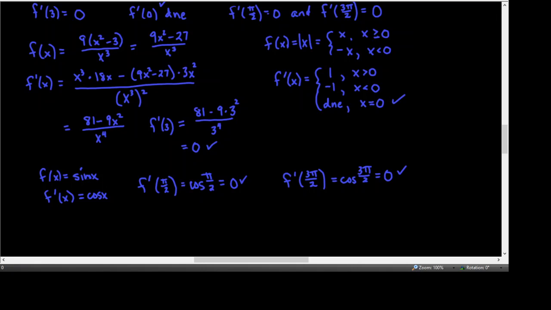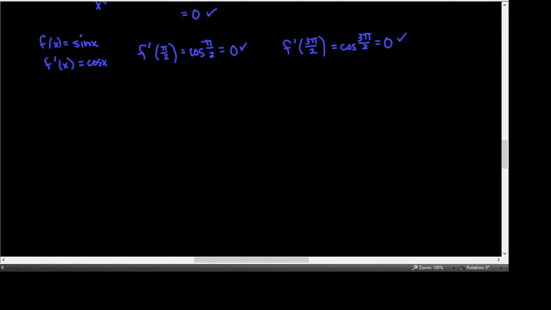Okay, so let's see. So we can have a local maximum, for example, if there's ever a sharp turn, like this is a local maximum.